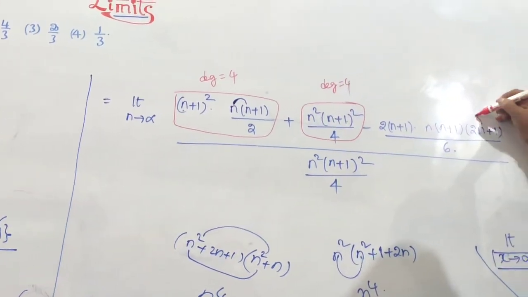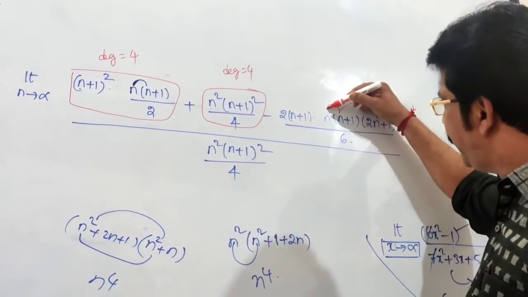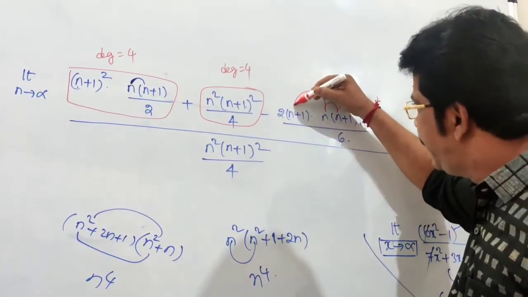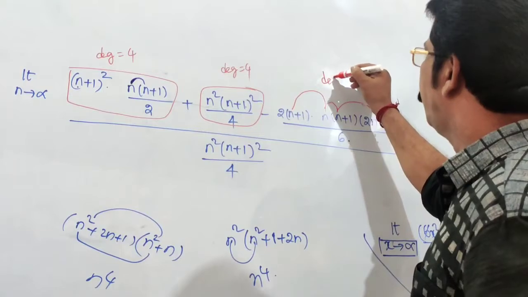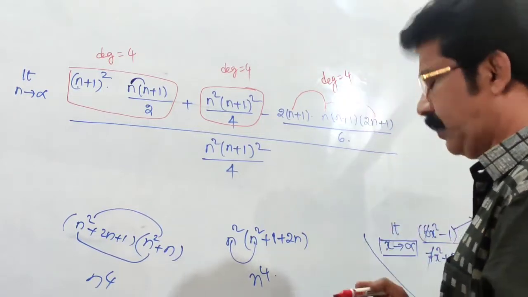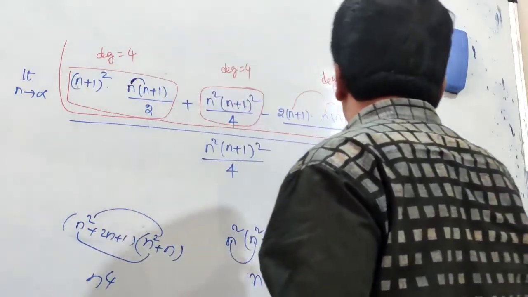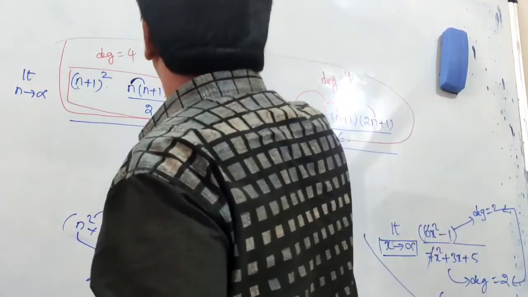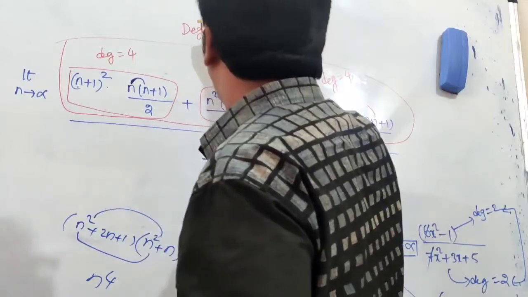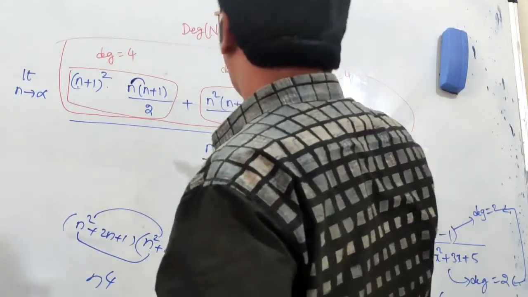Next, n into n² into n³ into n to the power of 4. For this also the degree is equal to 4. Hence the degree of the numerator is equal to 4.